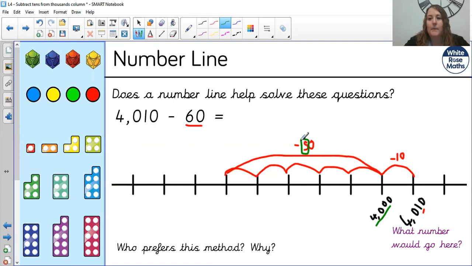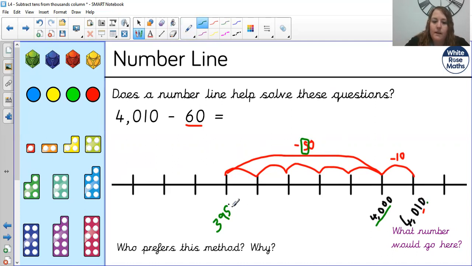And in my head, I'm going to be thinking, what is 400 take away 5? So 400, 399, 398, 397, 396, 395. So I can start my 395, and then I've still got my 0, which is the same in my ones column.